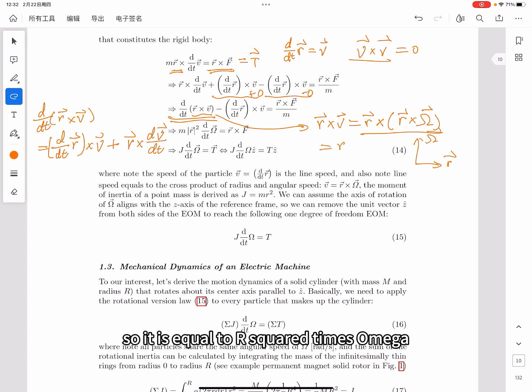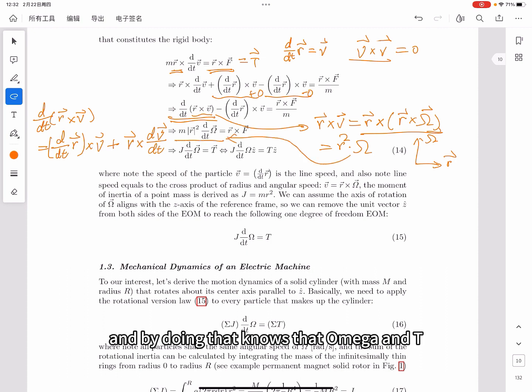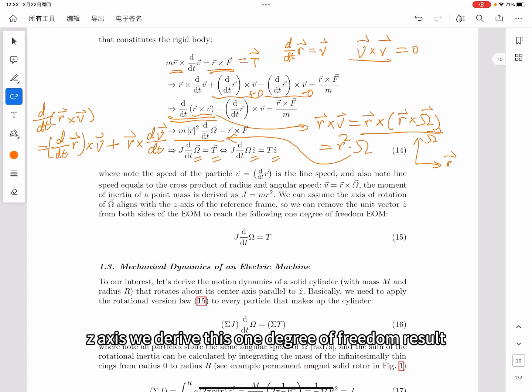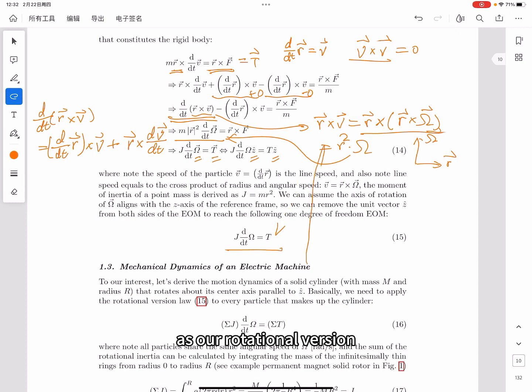So it is equal to r squared times omega. That's why we have this result here. And note that omega and torque are parallel to each other. They are vectors along the z-axis. We derive this 1 degree of freedom result as our rotational version of Newton's second law of motion.